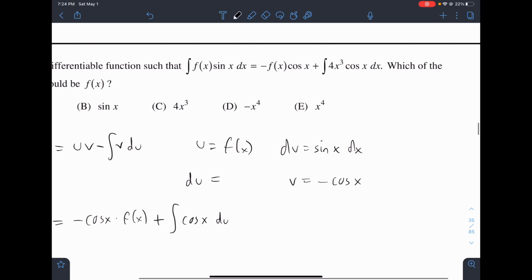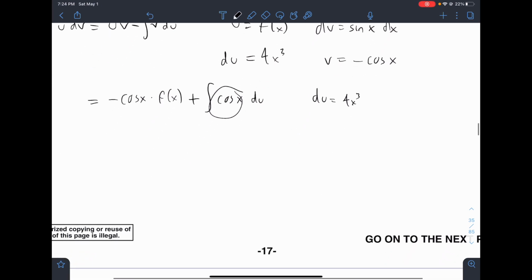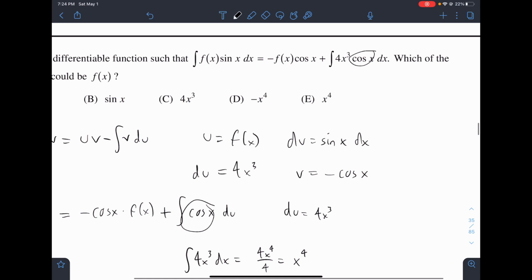So since we have a cosine x here, we have an integral and an integral, du is going to be 4x cubed. Let's write that in there. And now we can basically integrate 4x cubed. To find the antiderivative of 4x cubed, that's going to be 4x to the 4th over 4 from the reverse power rule, which just ends up being x to the 4th. And that's our answer. So answer E.